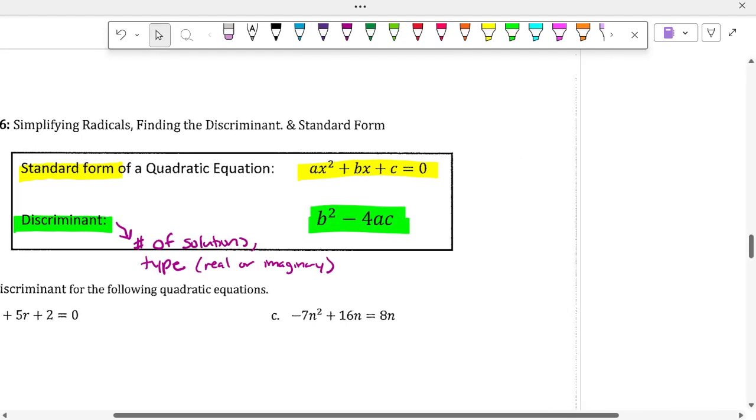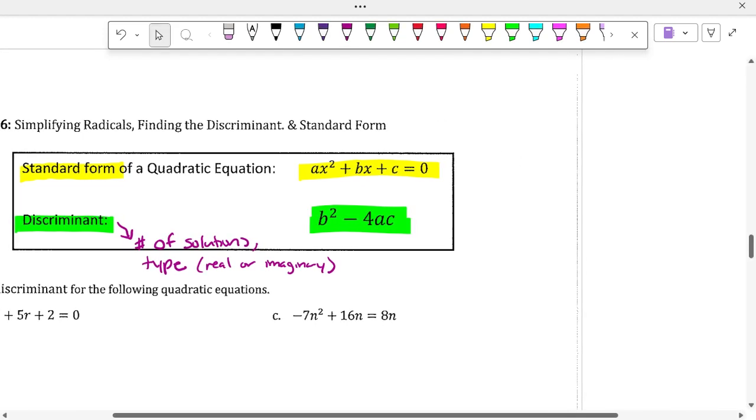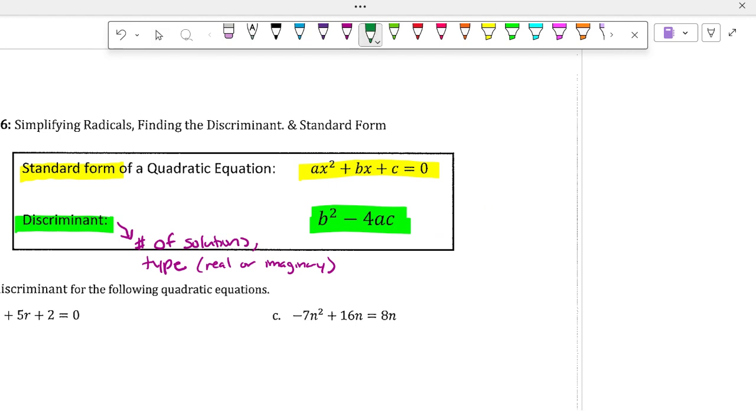Now, for whatever reason, this is not written in your notes, so I would write this off to the side or somewhere where you can fit it. But for your discriminant, if you get a positive number, that means you have two real solutions.